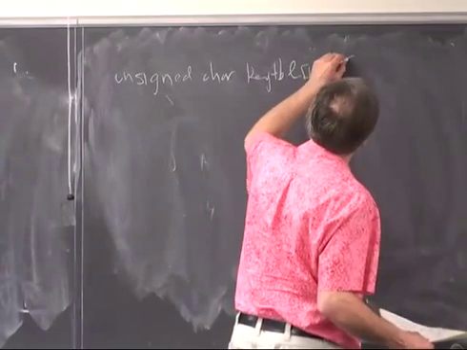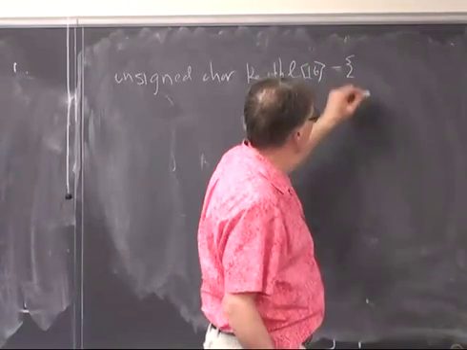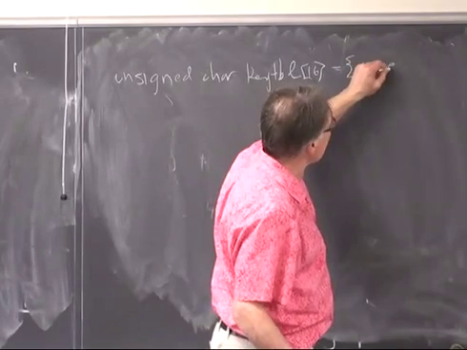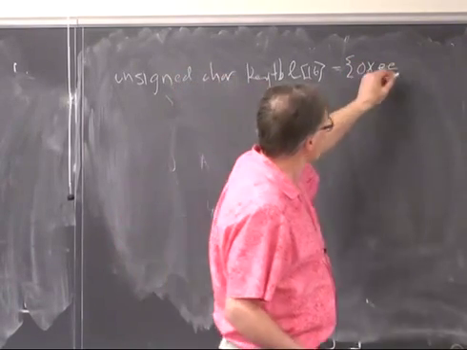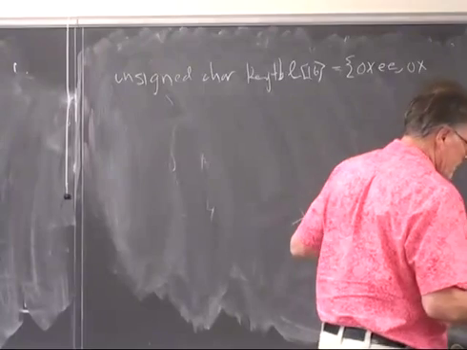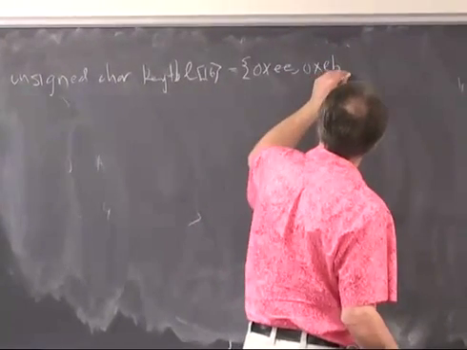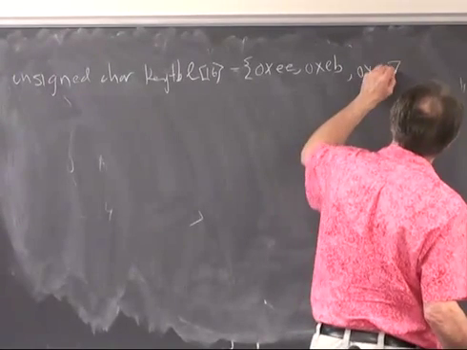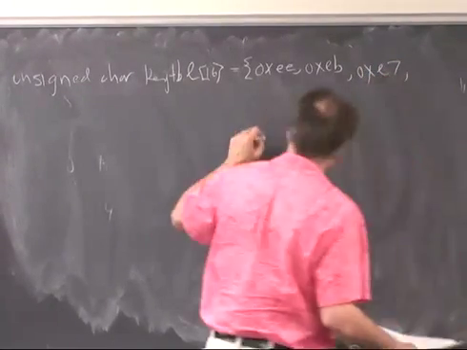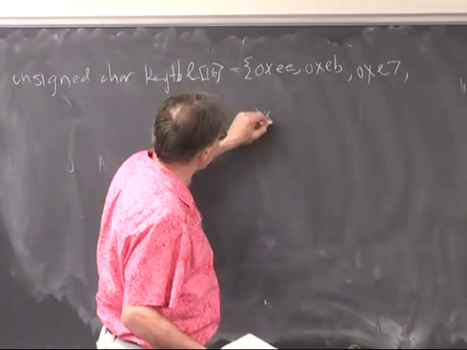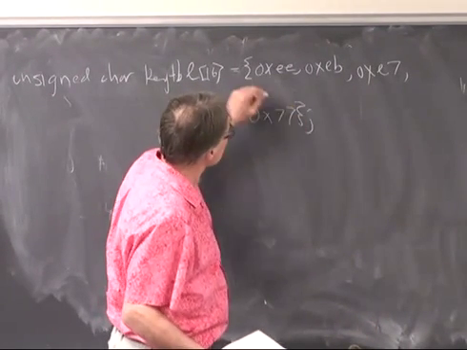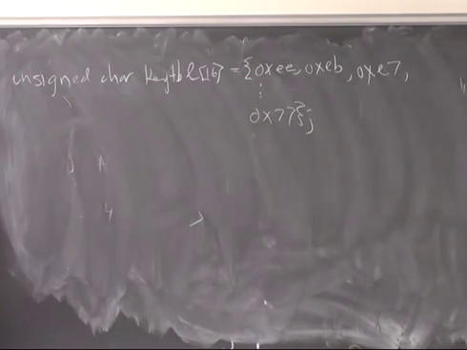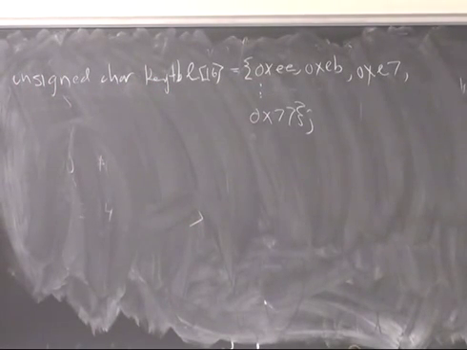I'm not going to enumerate all those, but they're going to be of the form 0xEE, 0xEB, 0xE7, and so on, down to 0x77, being all possible combinations of two hexadecimal digits with one 0 in each digit.